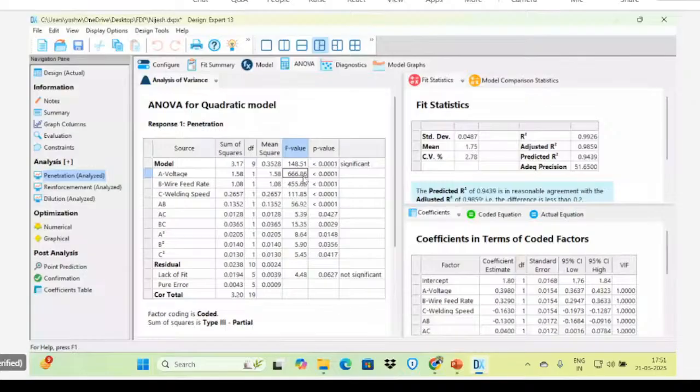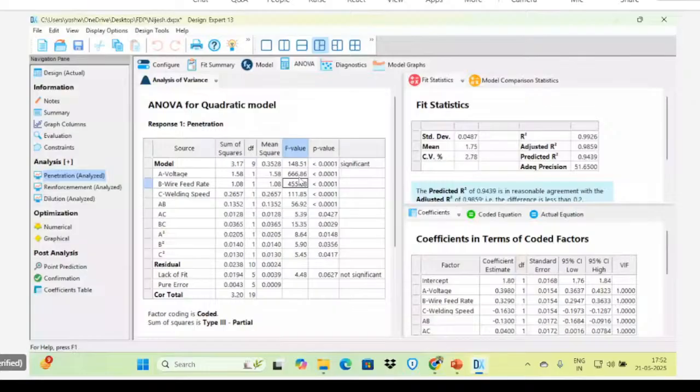So we can understand with the F value that voltage is the dominant factor. How much percentage, we calculate with the formula: this value divided by the total value. Suppose we want to calculate the contribution level of wire feed rate, we can take 455.68 divided by the total summation of this.